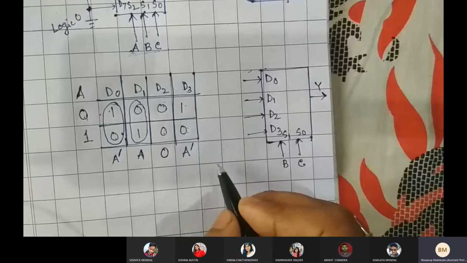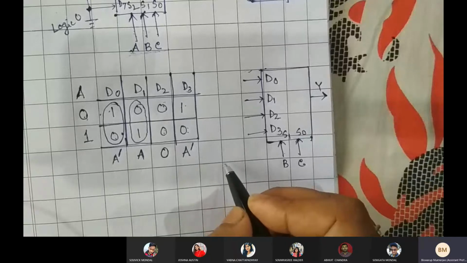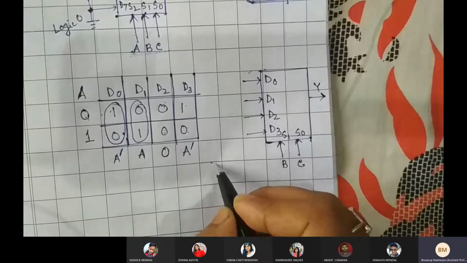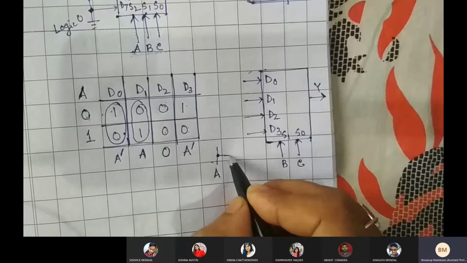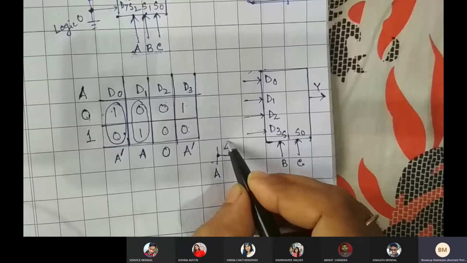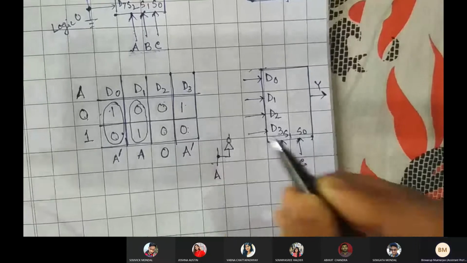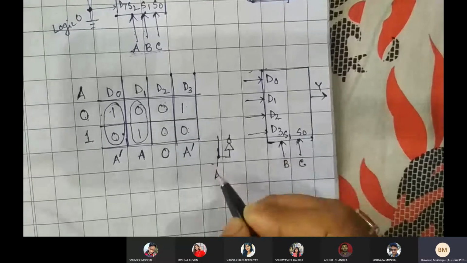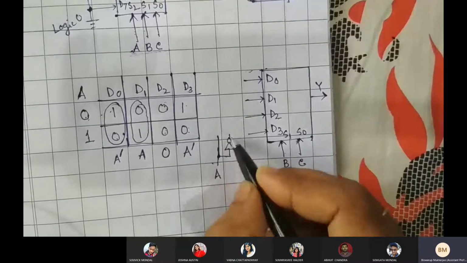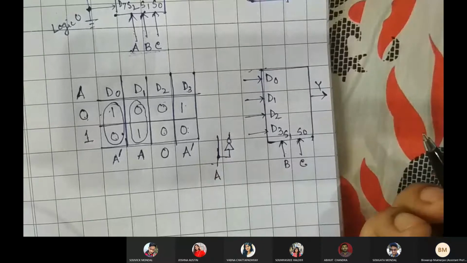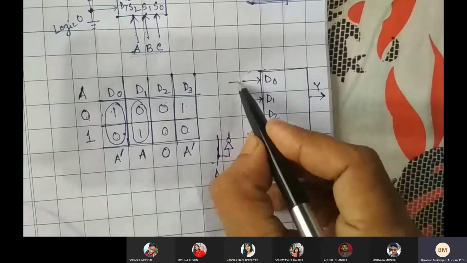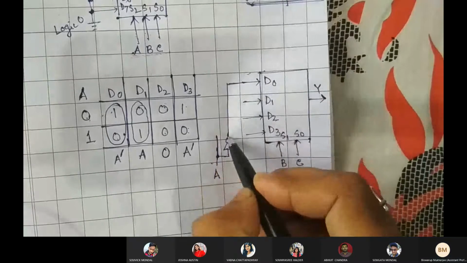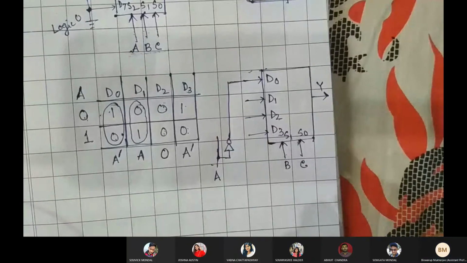Suppose this line is A, and we have got another line which is A bar. So two lines are there. This is the A line and this is the A bar line. So I am connecting D0 with A bar.